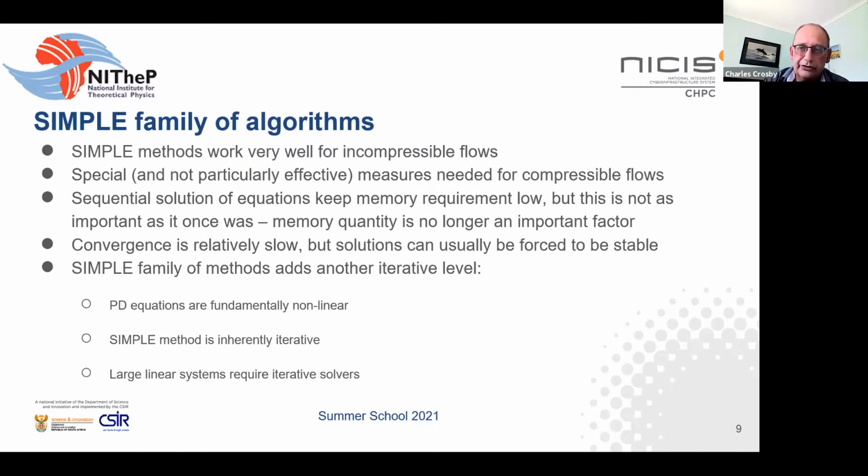Your partial differential equations are already fundamentally nonlinear. They've got nonlinear terms, so you're always going to be iterating to solve them. The SIMPLE method only works as an iterative solver. And then you've got large linear systems, which you can't solve with direct solvers. You always solve them with iterative methods anyway. So you've got multiple levels of nested iterations.